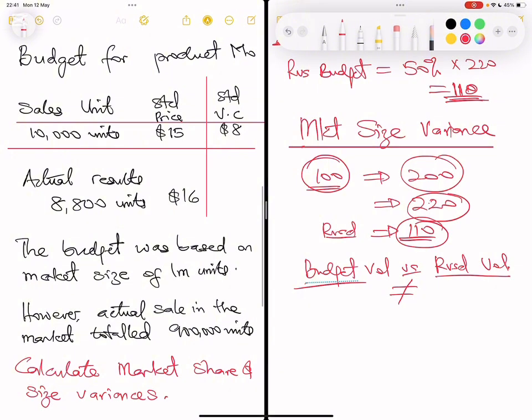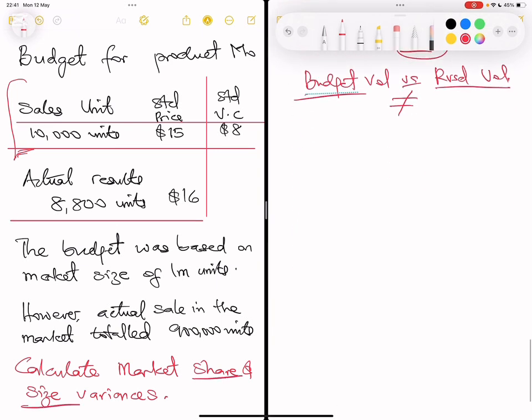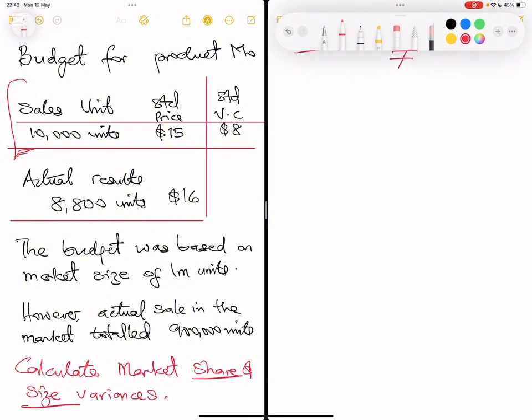Look at this question. We have the budget information here. This is the budget, and this is the actual. Now let's calculate the market share and market size variances in this situation. Remember what we said: step 1 is to calculate your revised budget volume, because that is the only thing you are introducing here, the revised budget volume based on your actual market size.